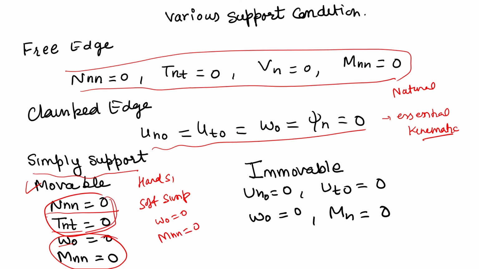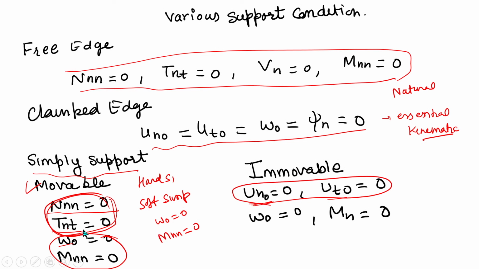But these two variables we change. If instead of the normal stress resultant, un is 0 and instead of Tnt, u2 is 0, then this type of boundary condition is known as the immovable boundary condition.